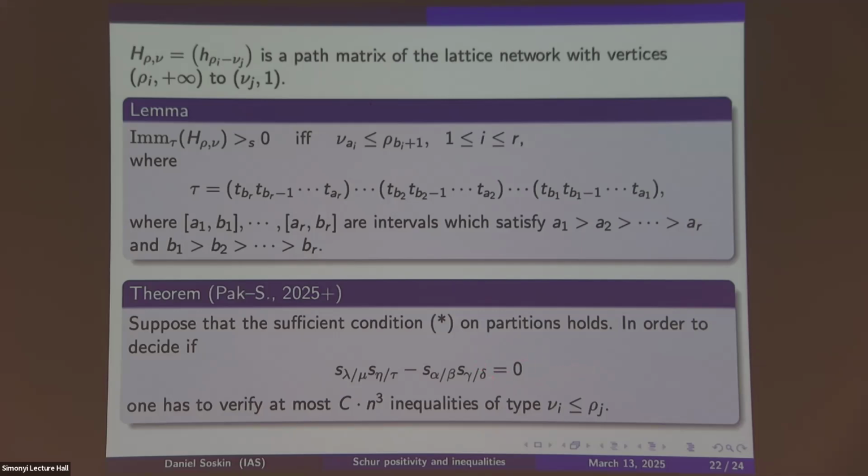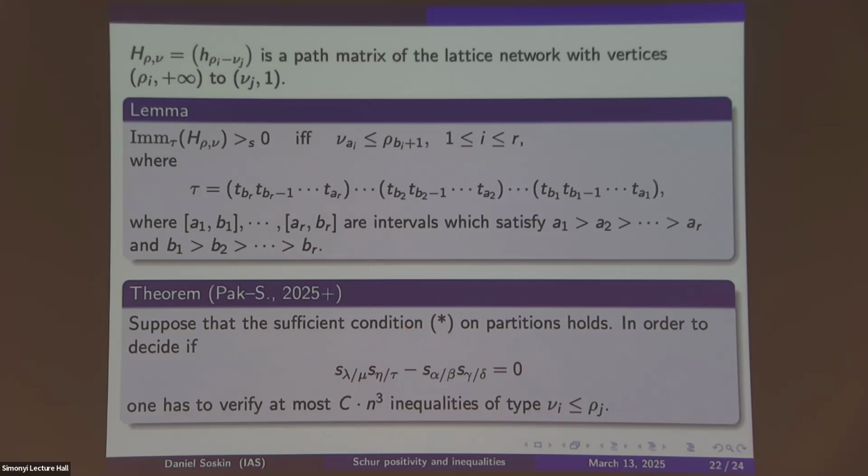But in fact, we can show that we can choose a subset of size n squared, for which, if the system doesn't hold for each element from this subset, then for all other immanants in the difference the system doesn't hold as well. So it is enough to check a constant times n cubed many inequalities of that type to tell if you have equality in this inequality or not.